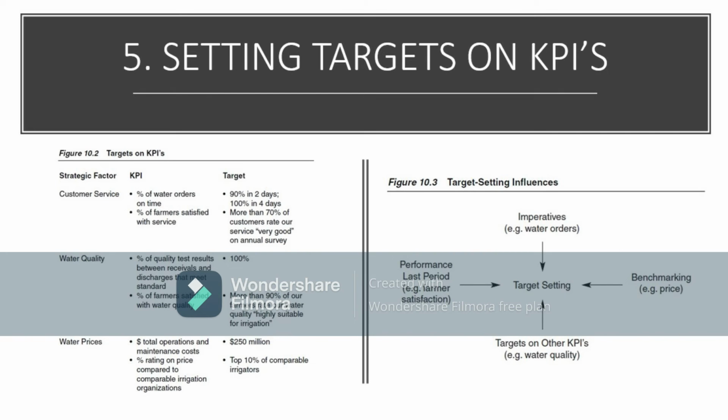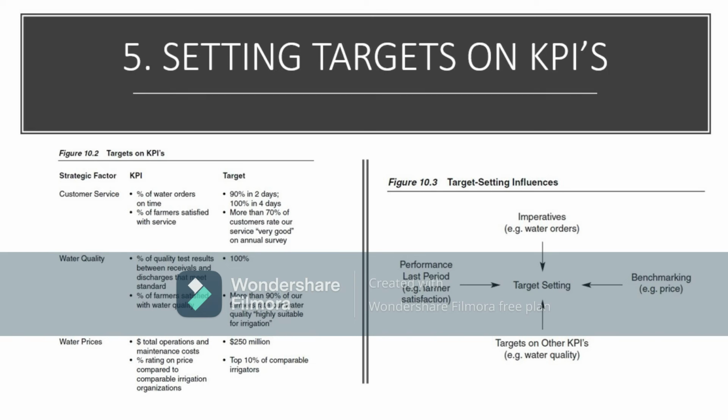Setting targets on KPIs. Step 5. Figure 10.2 contains the strategic factors and the KPIs from Figure 10.1. The definitions from the latter have been deleted and a column called Target has been added. If you run your eye down the column, you'll see how specific quantities have been set for the KPIs in the adjacent column.